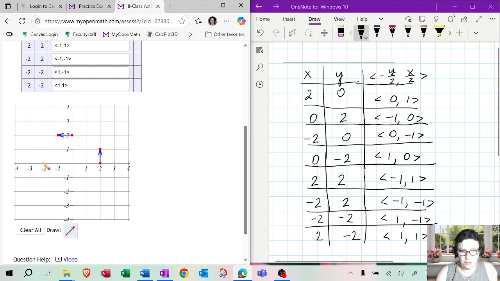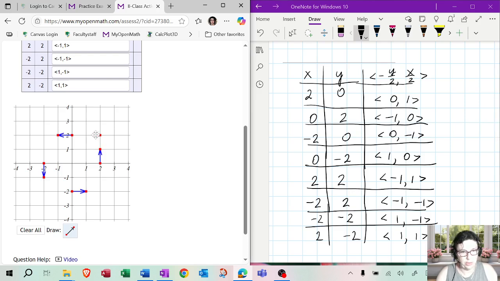Next one is negative 2, 0. So it's right here, and it's 0, negative 1. It's just going to go down like this. Then 0, negative 2 is right here. It's supposed to go this way, so that we can kind of have that circle there. Then let's do the other ones. 2, 2, so start here.